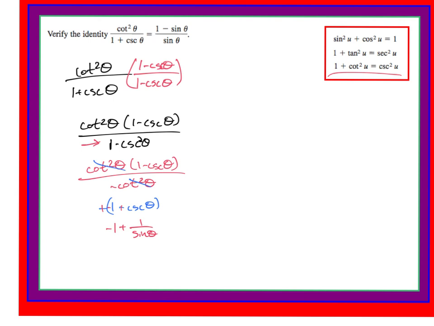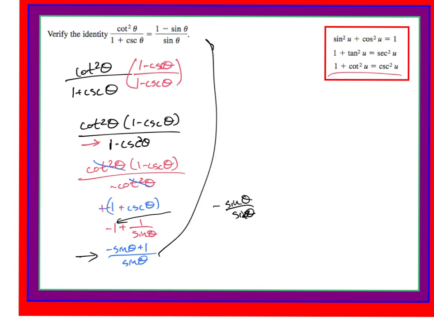So when I make them common denominators, now I have negative sine theta plus 1 over sine theta. Negative 1 is the same thing as negative sine theta over sine theta. Anything divided by itself is 1. So I just changed negative 1 to negative sine over sine, and so then they'd have common denominators, and then they match up.